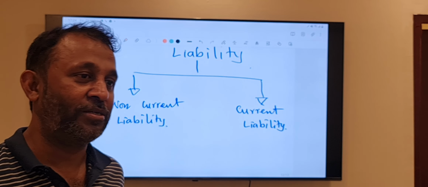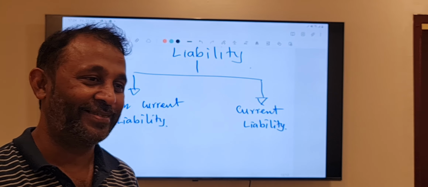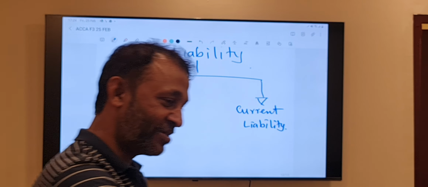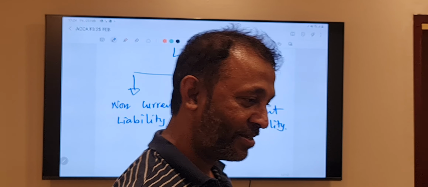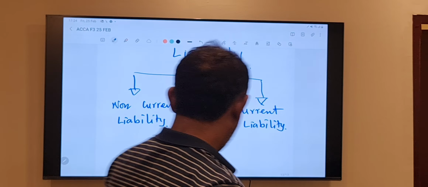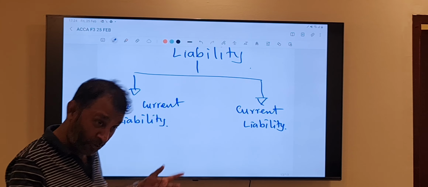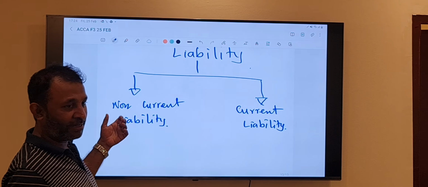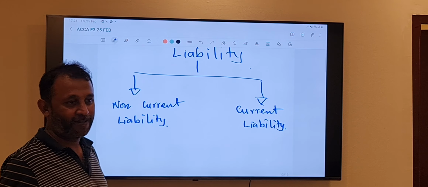Give me an example also. One example for non-current liability.